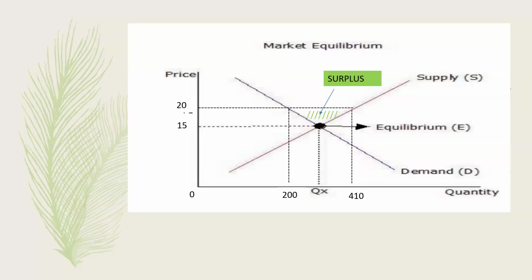Because we are not always going to operate at market equilibrium, in this diagram we are seeing that prices are above the $15 price, which is the equilibrium price. Equilibrium price is $15 because, look, in the middle, the equilibrium price is 15. What does that 15 mean?